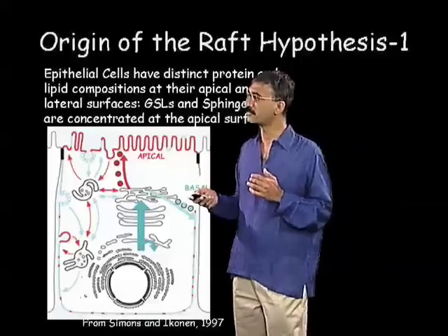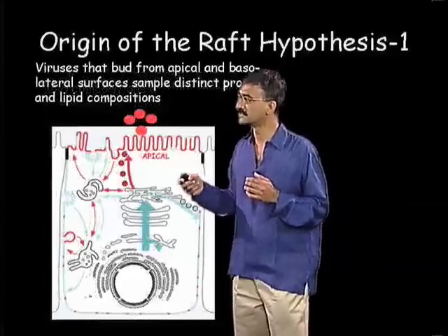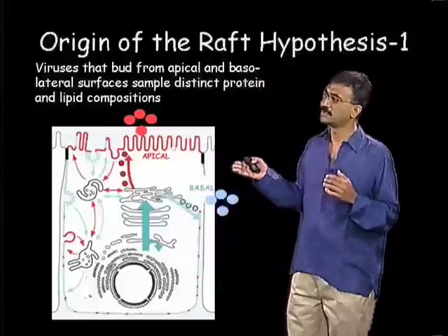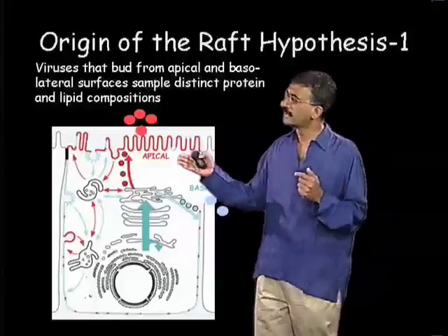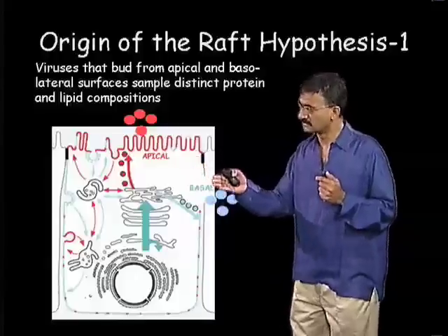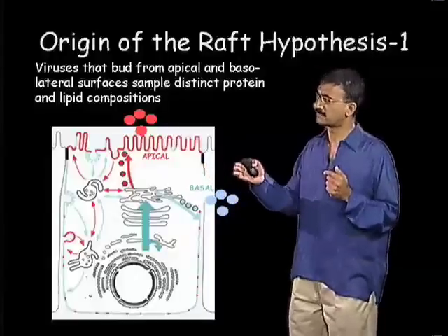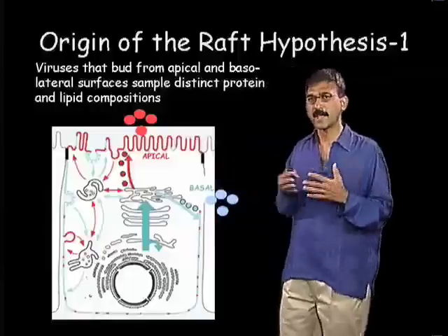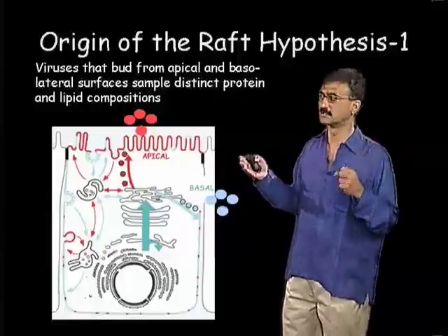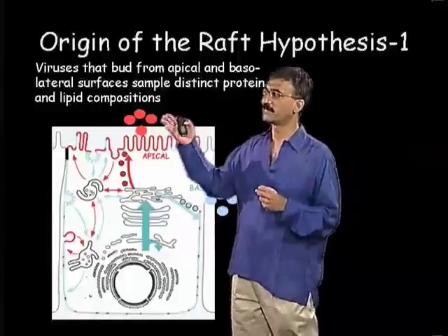The other remarkable observation they made was obtained by studying the lipid composition of enveloped viruses. They found that viruses that budded from the basal surface of cells had a completely distinct lipid composition from those that budded from the apical surface.